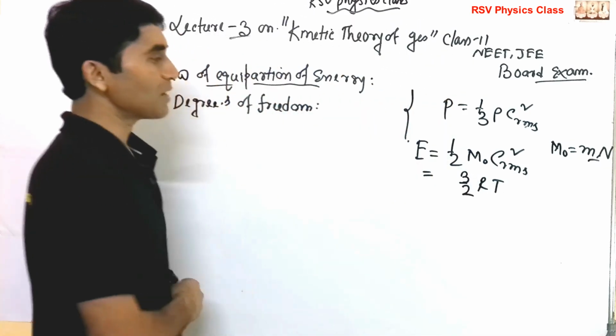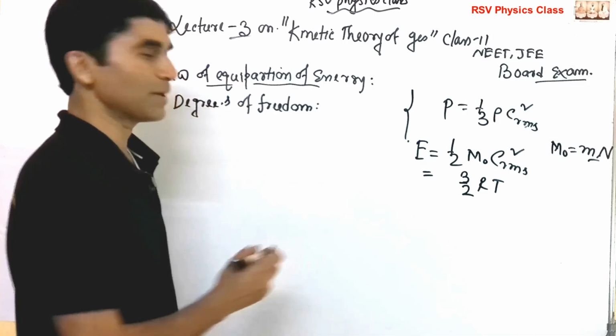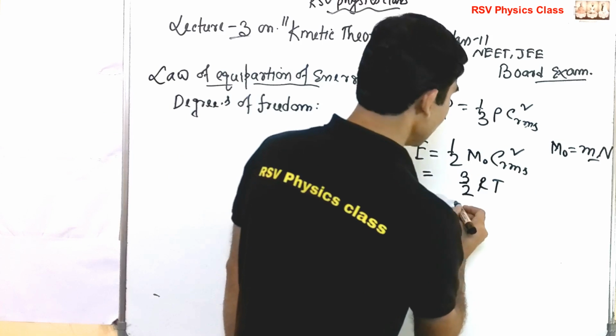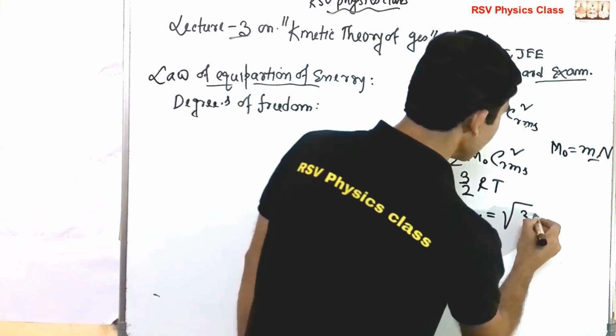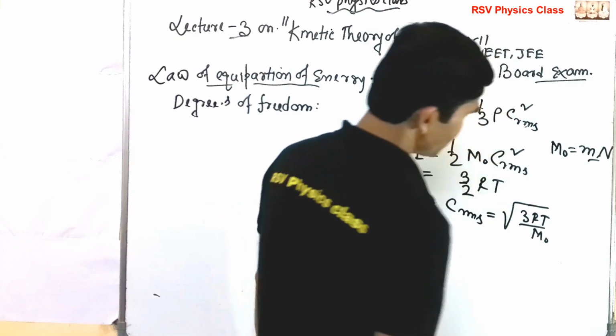That energy I have also derived; you can see lecture number 2 for the concept. So from here you can write C RMS equal to root over 3RT over M0.